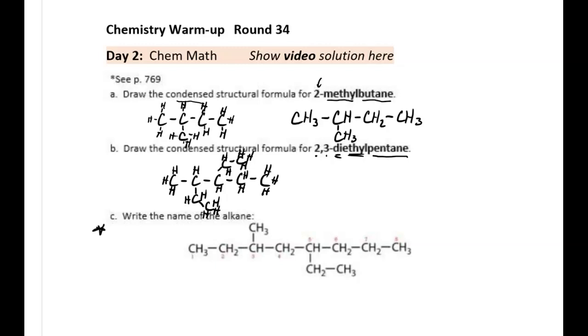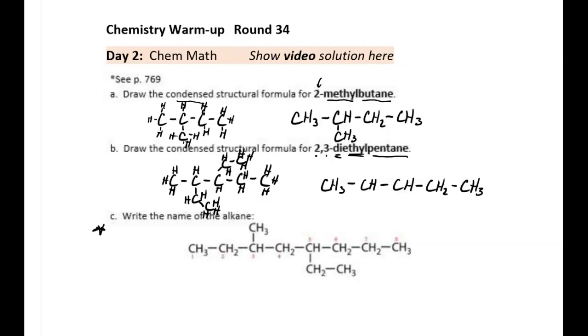So now let's do the condensed version. Our first carbon in the parent has 3 hydrogens, so CH3 is its condensed form. Then a dash, let's move to the next carbon, CH. Okay, and then a dash, and the next carbon is CH. Then a dash, the fourth carbon in the parent chain is CH2. And the last one is CH3.